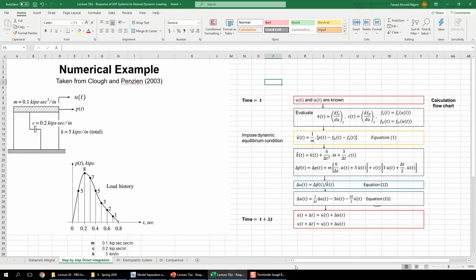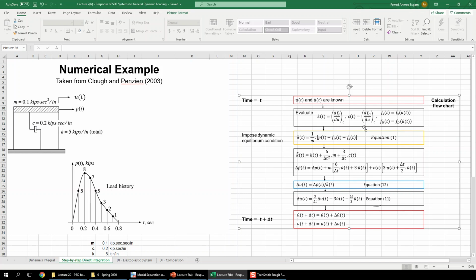Here is that problem. First, for the linear system. So now you are given a single degree of freedom system, and this loading history is given, and there is no relationship between Fs and u. The system is linear, which means that k will remain constant at 5 kip per inch for all the time steps, and c will remain constant at 0.2 kips second per inch for all time instants.